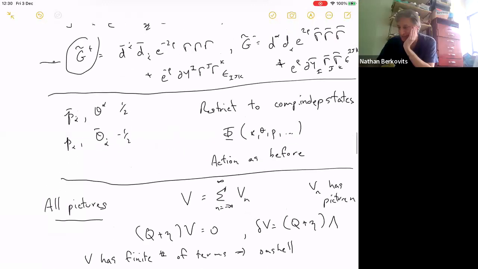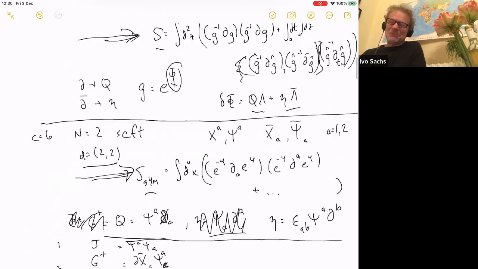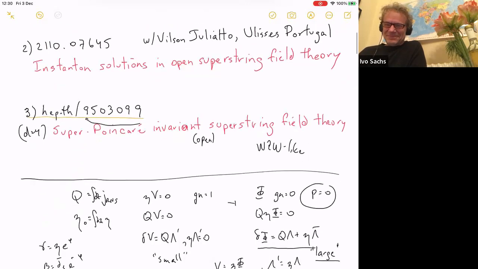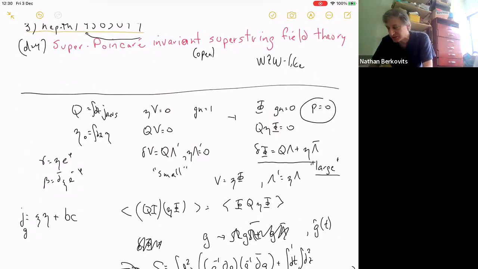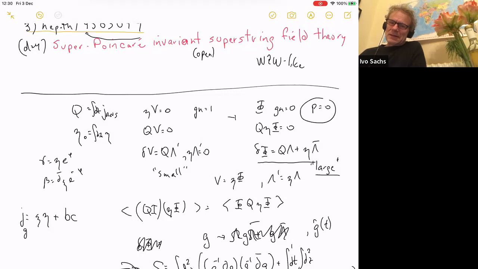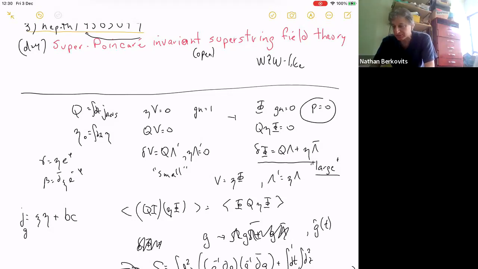I think it's obvious once you realize that the action written down is for an N=2 superconformal field theory, not for an N=1. It has no meaning as an N=1 superconformal field theory. You really need this N=2 structure to give it a meaning. And then the obvious question is, well, the simplest representation of an N=2 is this self-dual Yang-Mills.